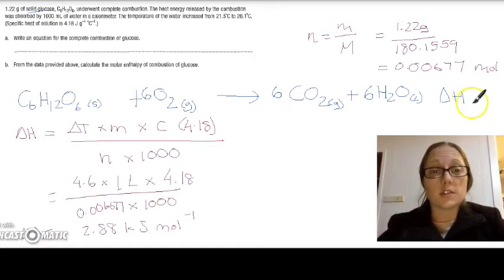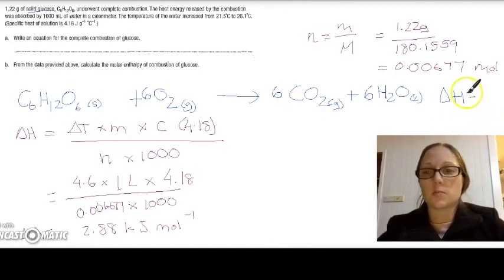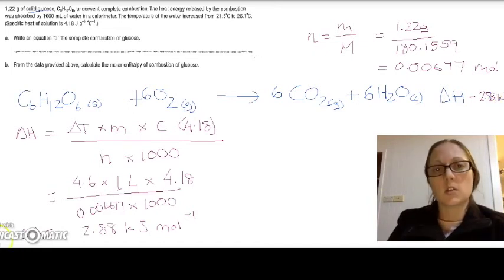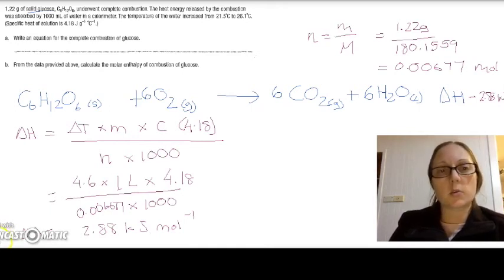Knowing that this is giving off heat, it means that we've got a minus delta H, so it's minus 2.88 kilojoules per mole. So take a look at this reaction in action, and you'll see the combustion of a jelly baby showing the energy given off.